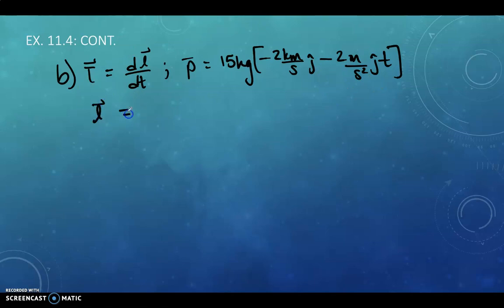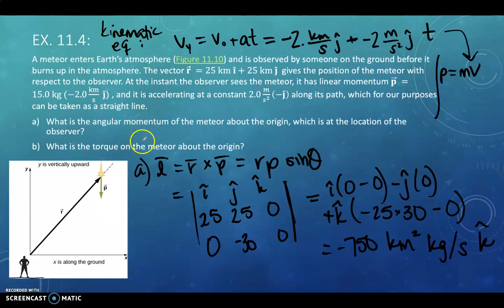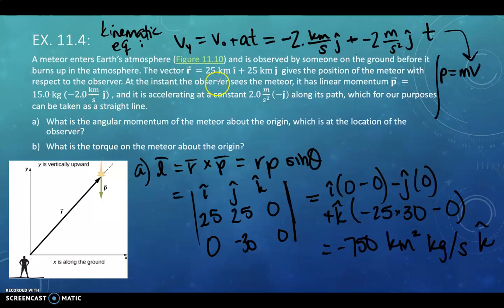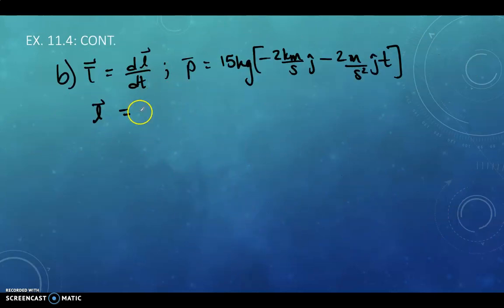Our angular momentum here is going to have the same starting point. So we have r, which was r bar, this here, 25 i hat plus 25 j hat. We're going to put it into this form again, so taking that cross product.